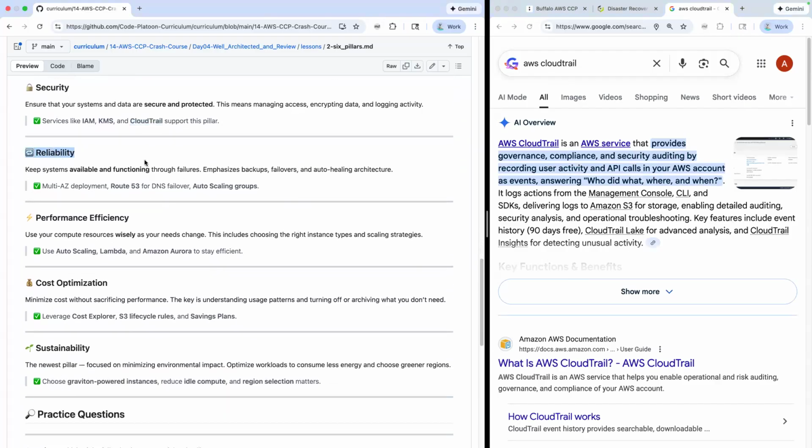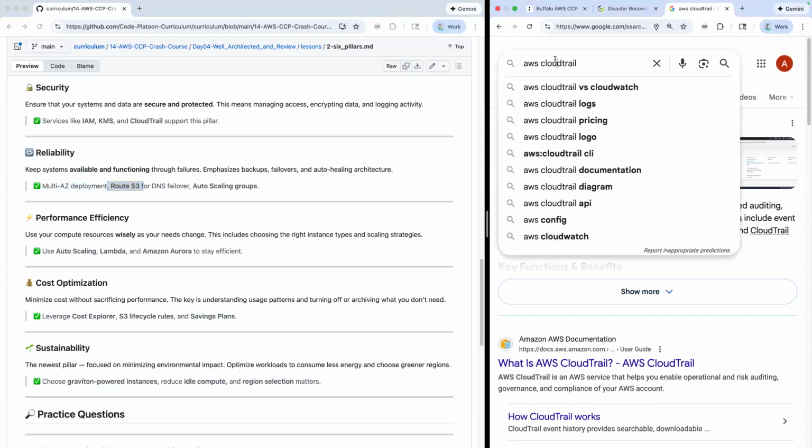Our reliability pillar is making sure that once things are up, one failure doesn't crash the whole system, like say crashing an entire power grid, which I think happened to Texas a couple years ago, right? So we want some reliability. We want backups. We want failovers. We want an architecture that can take a blow and heal and keep on running. So we're going to want databases in multiple availability zones, or my whole infrastructure in multiple availability zones.